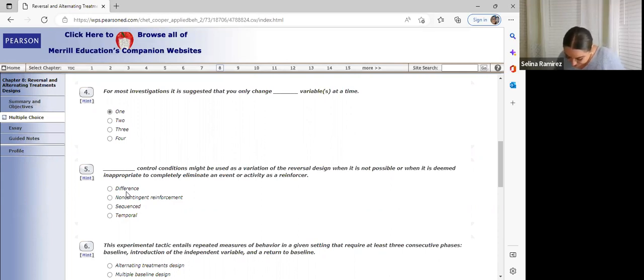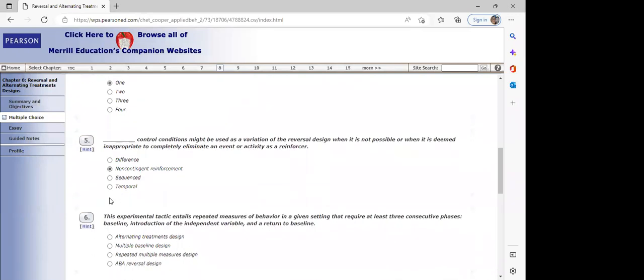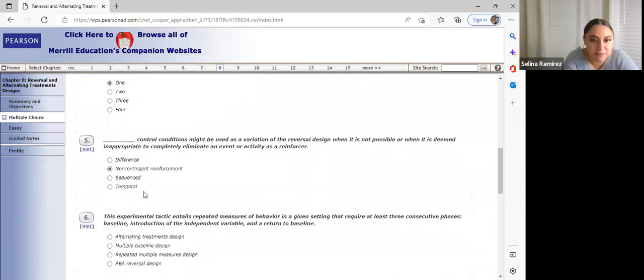Oh wait, DRO, DRI, and DRA can also be used to analyze the effect of contingent reinforcement. I think non-contingent. What do you guys think? Let's go for that. Patricia, you're saying something, but you're muted. Oh, she's saying yes. Okay.